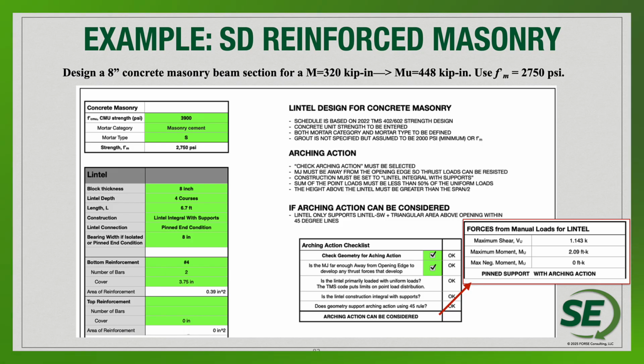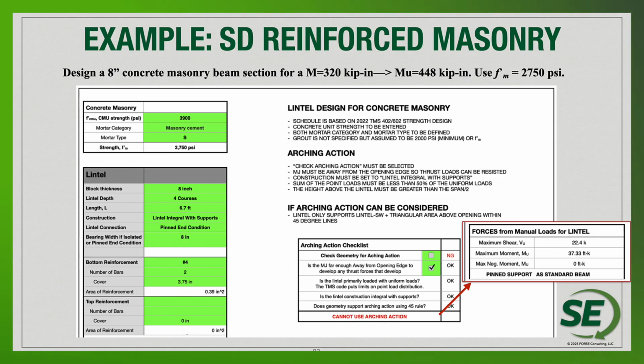So for the design, we certainly can enter in all the different components. We can look at arching action, developing somewhat of a checklist to make sure that arching action can be considered. We can see once we have arching action how low the forces would need to be for our overall design. So a lot less than maybe if we didn't have arching action.